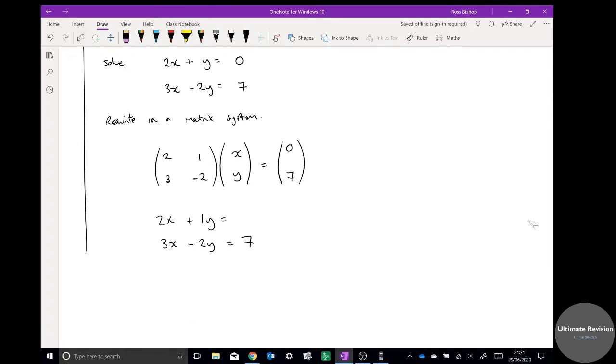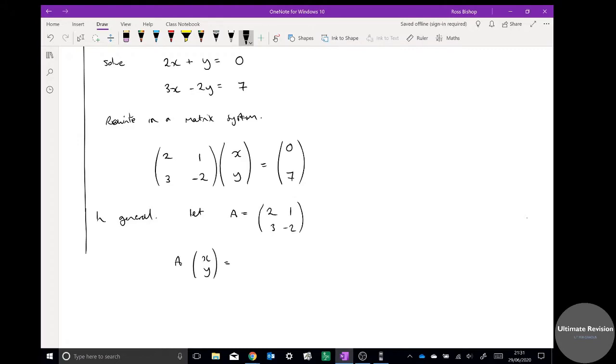Okay, so I can solve this. So in general, if I've got an equation, let A equal this system matrix, then A times x, y equals some vector.